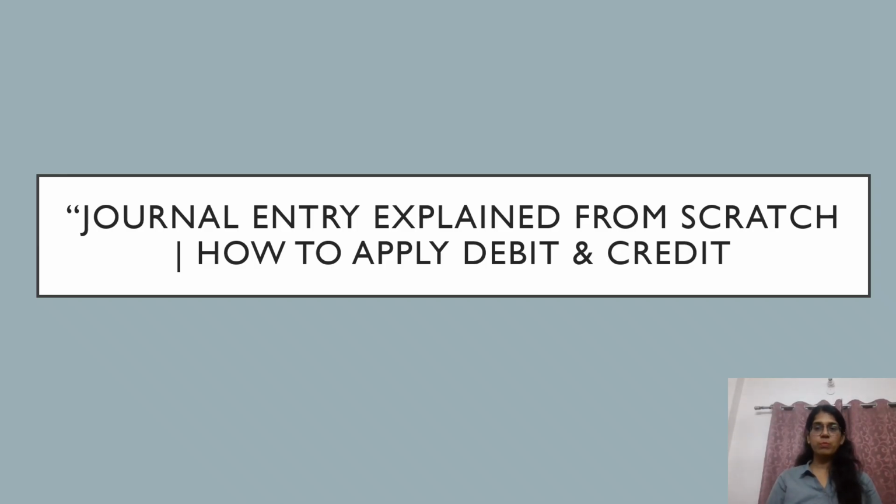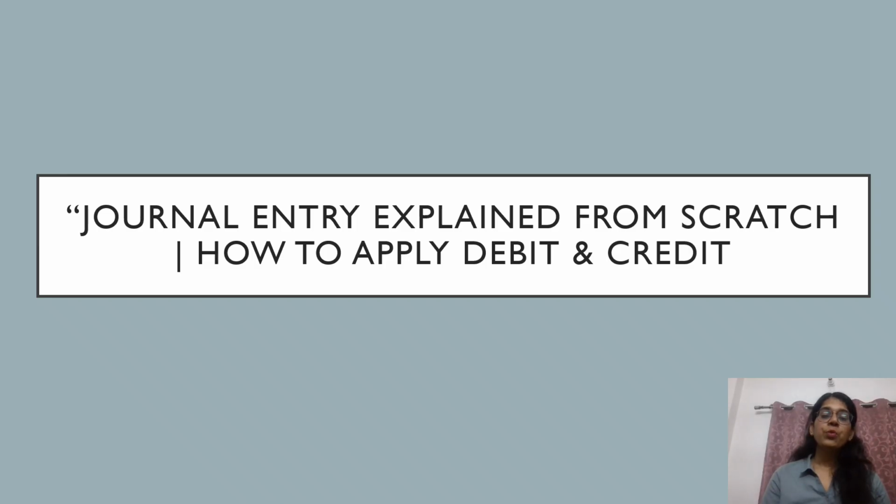So, journal is the book where we record the transaction for the first time. Journal is followed by ledger and then the trial balance. Okay, in our next videos we'll learn about ledgers and the trial balance as well, but today it is going to be about journal.